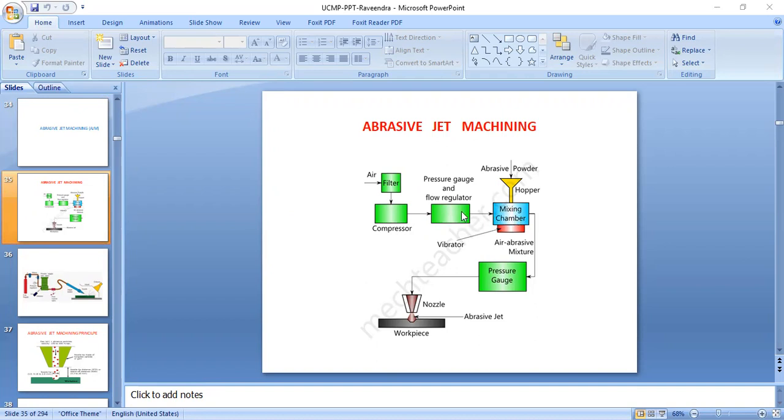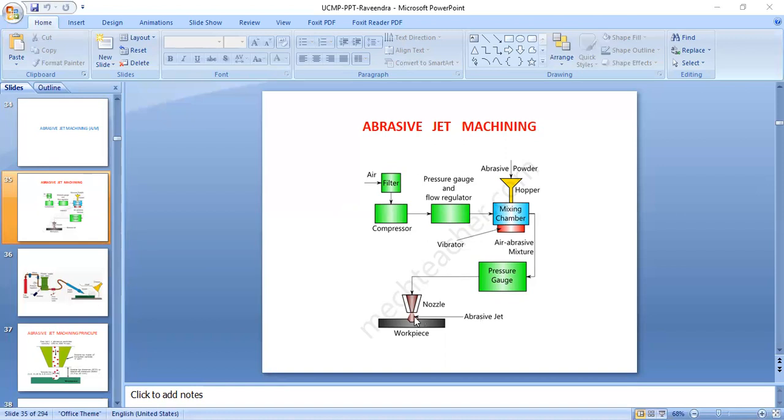Here the compressed air is mixed with the abrasive powder, which is poured from the hopper, so that the abrasive powder is completely mixed with the high pressure air in the mixing chamber. This compressed air with the abrasive particles will come through this pressure gauge, and through the nozzle, the jet is made to strike against the workpiece.